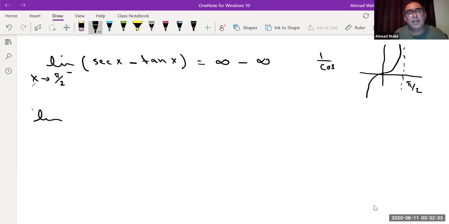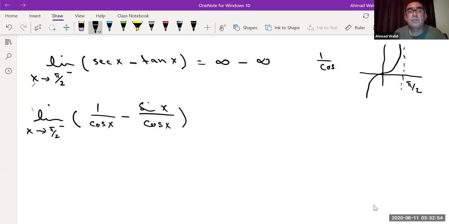Look, can I write the limit as x approaching pi over 2 from the left of, instead of secant x, 1 over cosine x, minus, instead of tangent x, sine x over cosine x? Now, use the common denominator method.